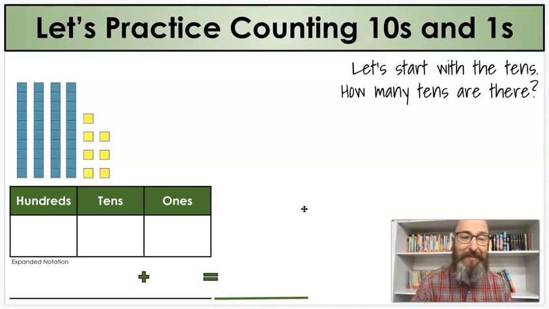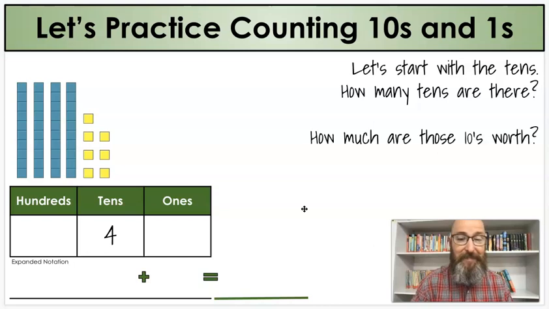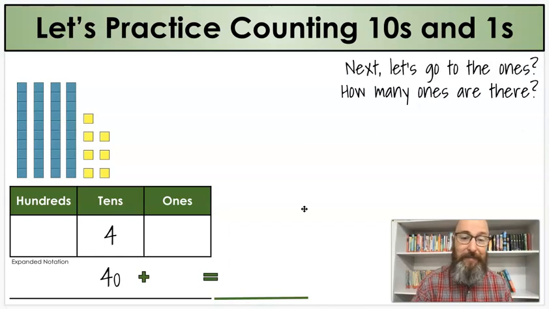Let's start with the tens again. How many tens are there? 4. That's correct. And how much is 4 tens worth? Count by tens. 40 would be correct.